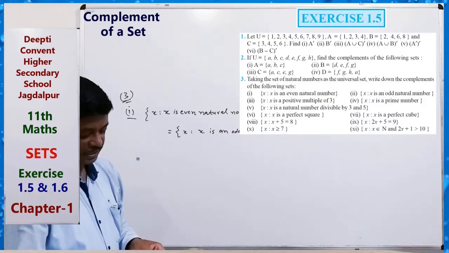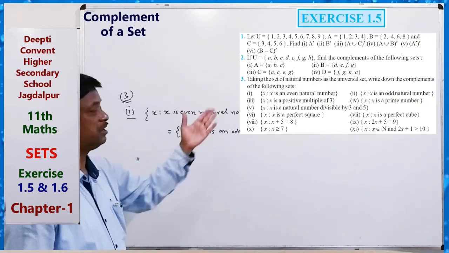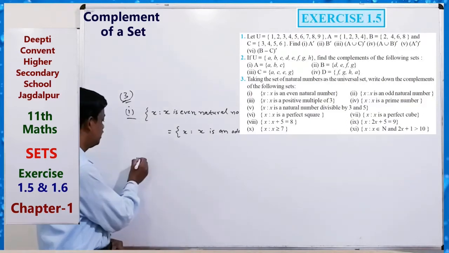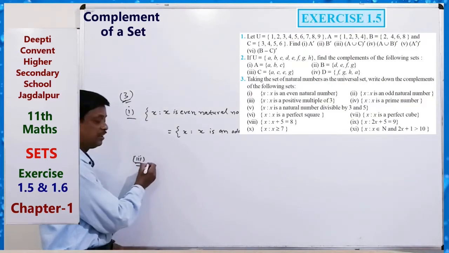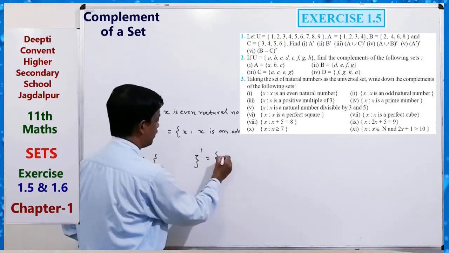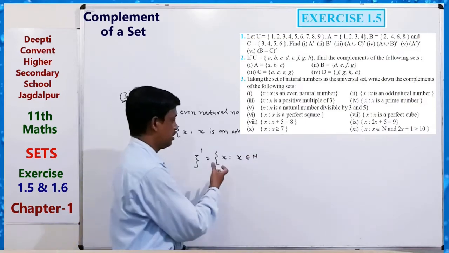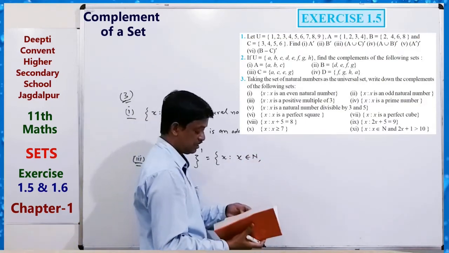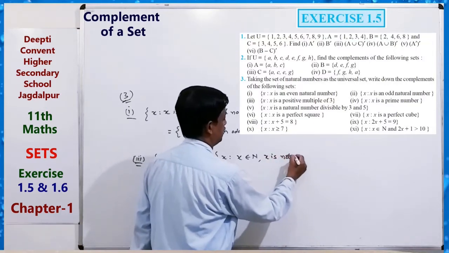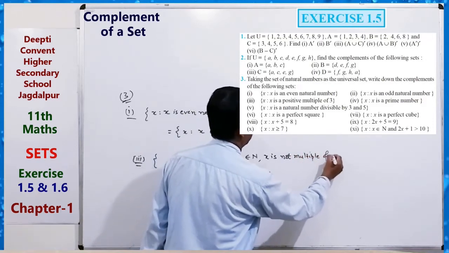Okay. So x is a positive multiple of 3. So complement, how can you write? Third, x such that x belongs to natural number, positive means natural number, and x is not a multiple of 3.